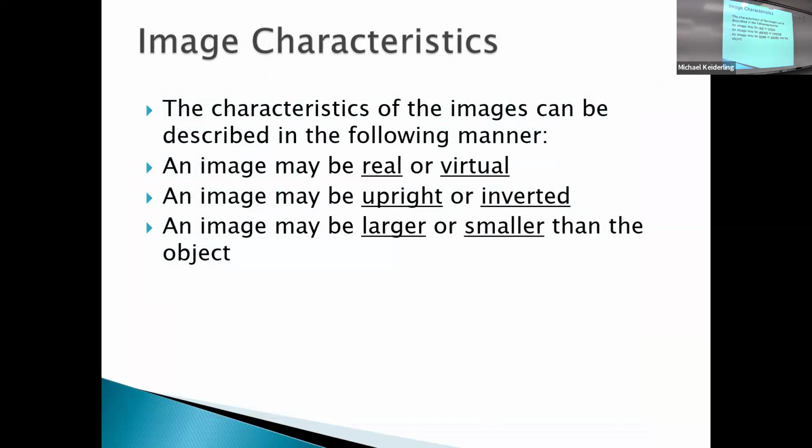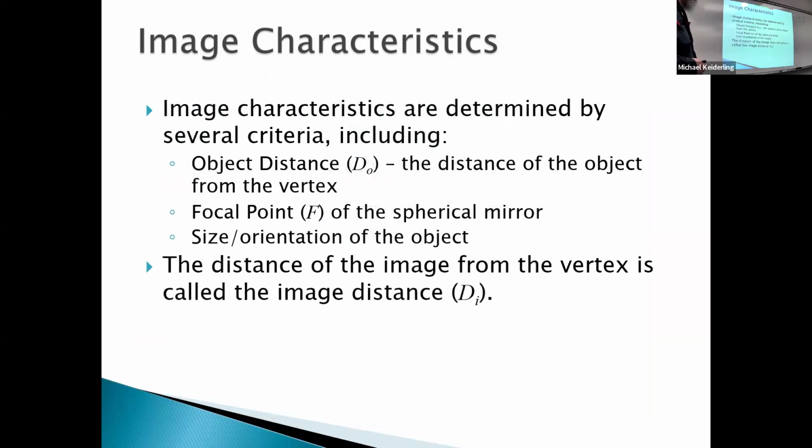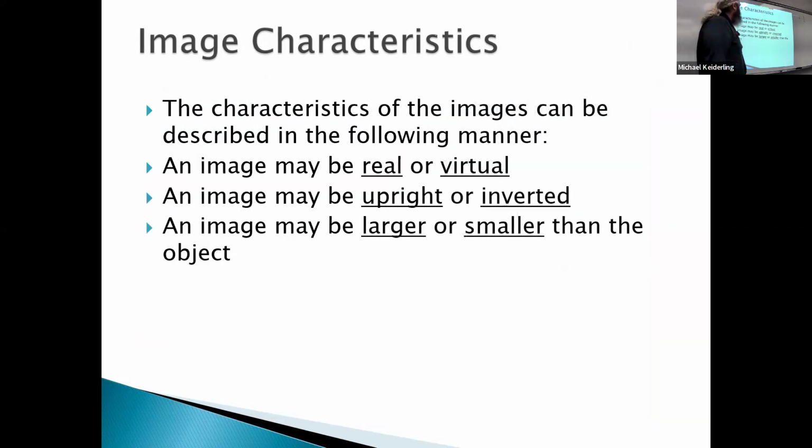So any image can be either real or virtual, upright or inverted, and larger or smaller than the object. Unless you have more steps involved, real images will be inverted and virtual images will be upright. That's the pattern you will see for this whole chapter.